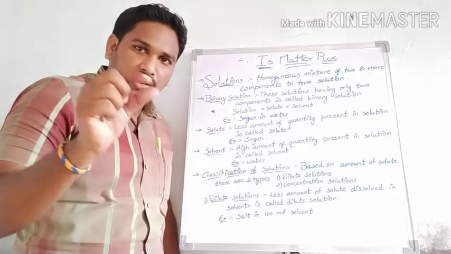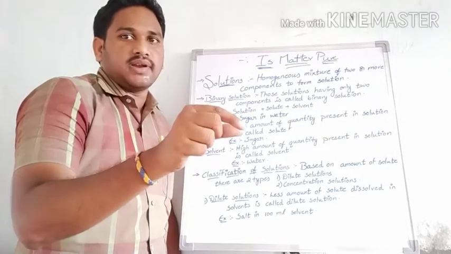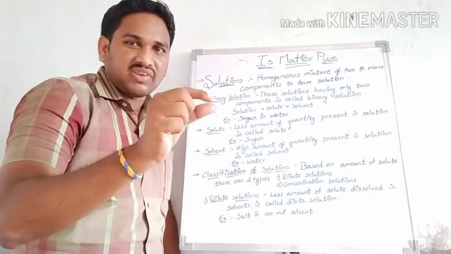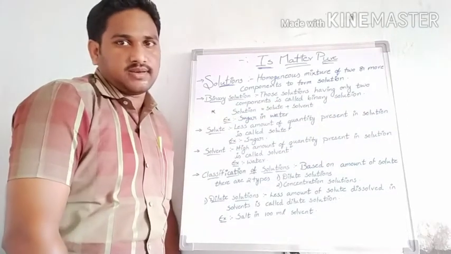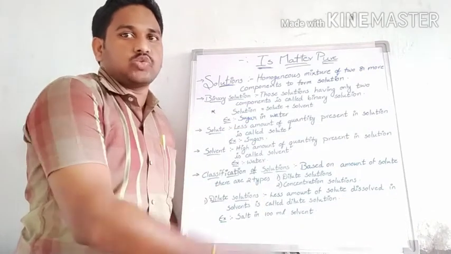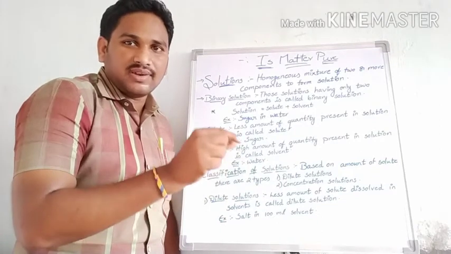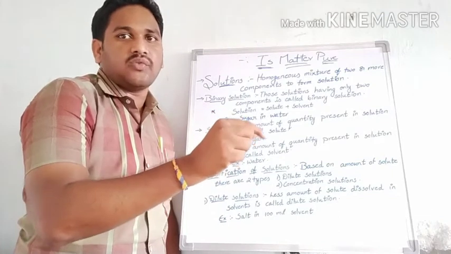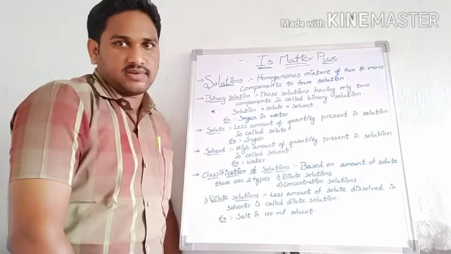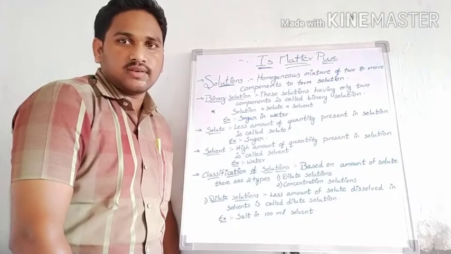Like you have taken 1 gram of solute, sugar, dissolved in 100 ml of solvent. You have prepared a very sweetless solution. That sweetless solution is called a dilute solution. Why? Because only a less amount of solute is dissolved in solvent. It is called dilute solutions.